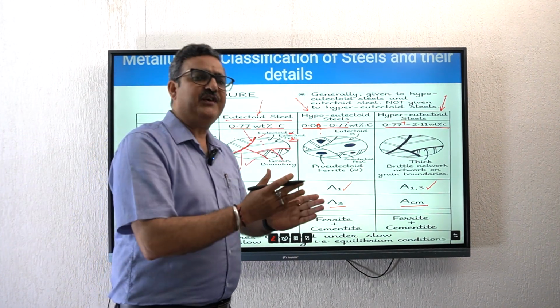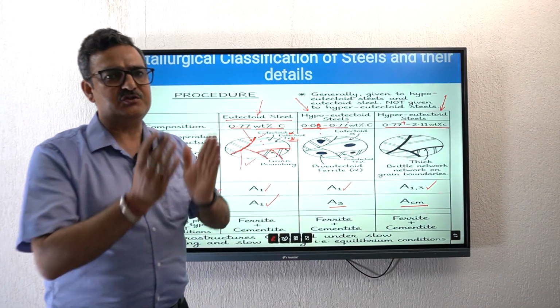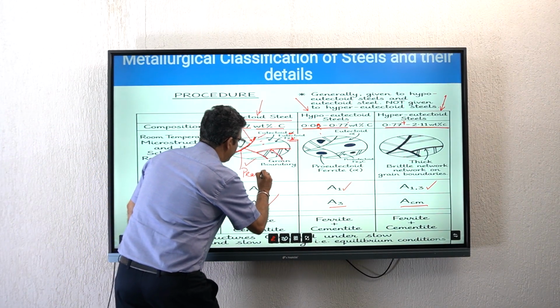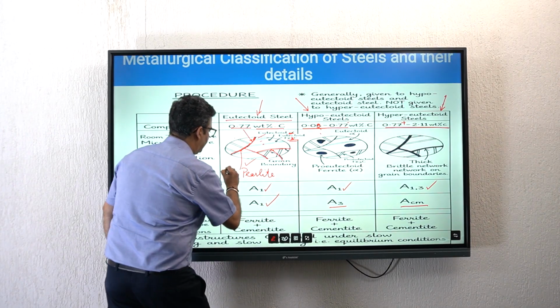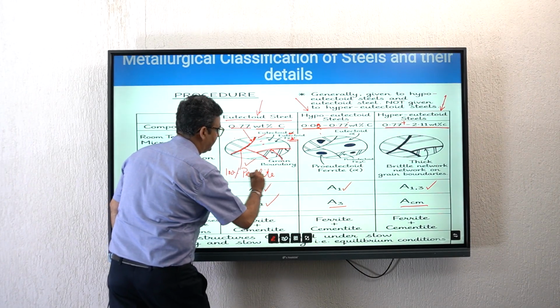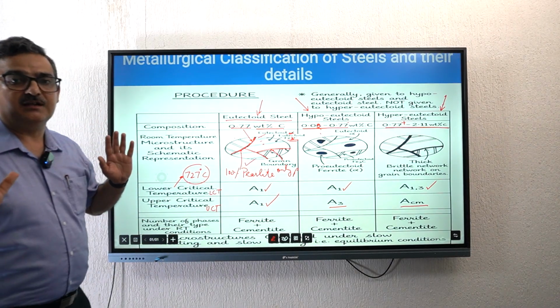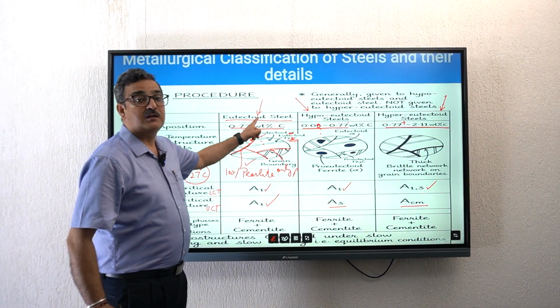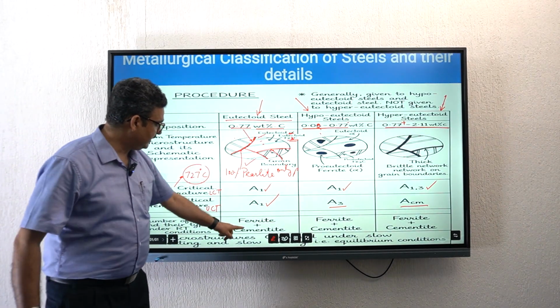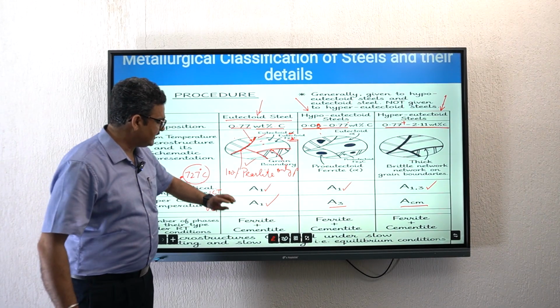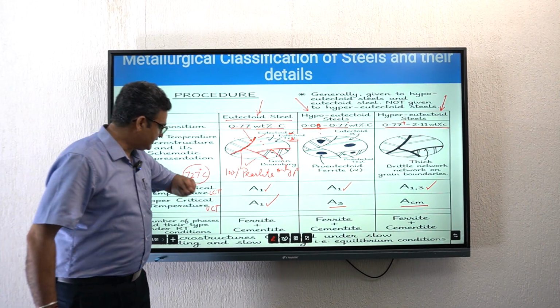This two-phase mixture of eutectoid ferrite plus eutectoid cementite is given the name pearlite. So 100% by weight pearlite, or only the pearlite phase mixture, is seen in the case of eutectoid steels.